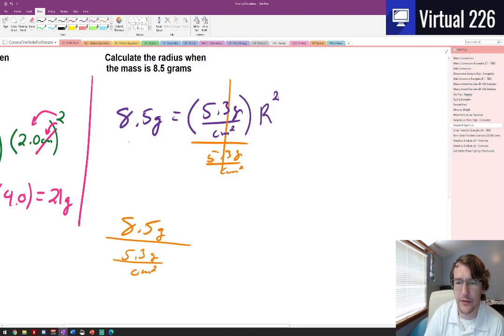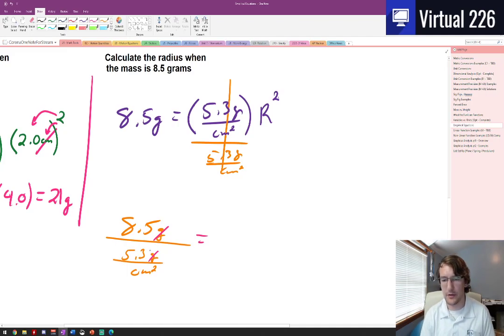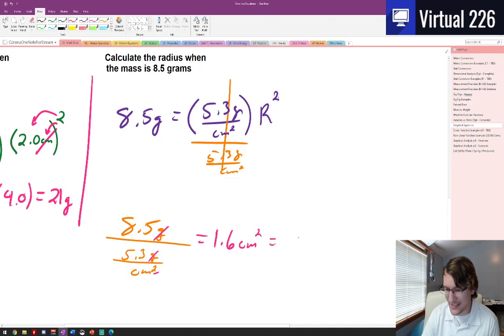From what we saw in the previous example, I know my grams are going to cancel out because it's like I'm multiplying by the reciprocal, and I'm going to get something in centimeters squared. So 8.5 divided by 5.3 is greater than 1, less than 2. 1.60, blah, blah, blah, but only 2 sig figs, so 1.6. And this is going to be centimeters squared. That equals r squared.